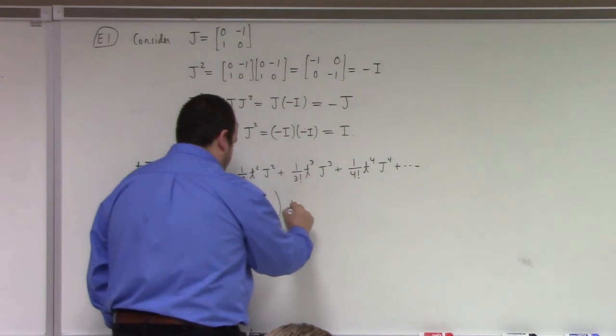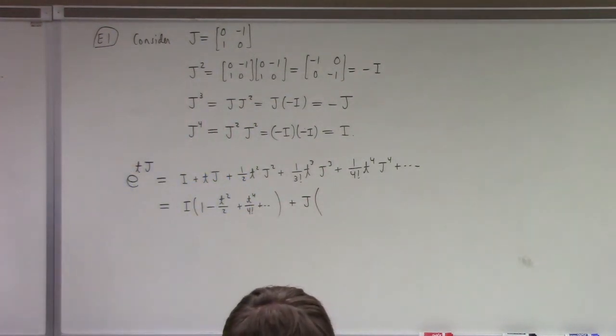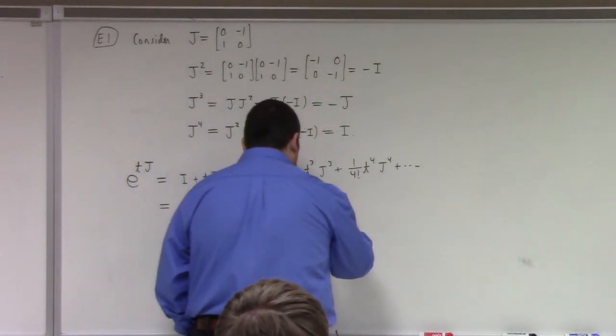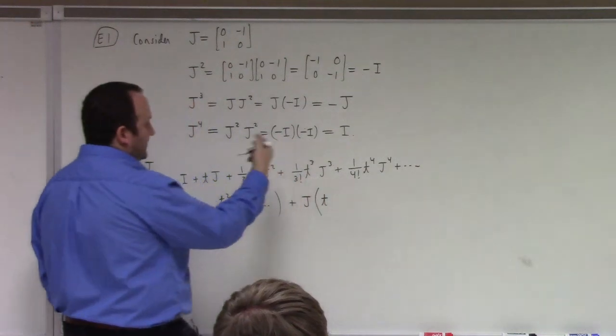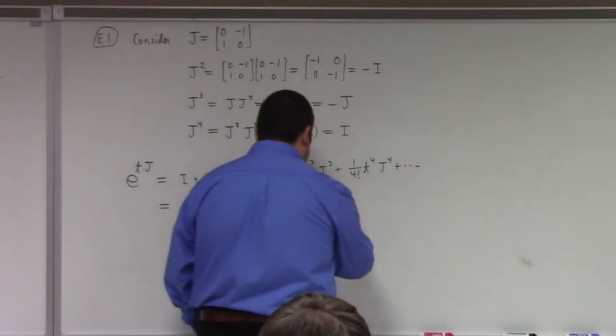And then I've got a J. What's with J? Well, I've got t. This J cubed, what was J cubed? Well, J cubed was minus J, so that gives me minus t cubed over 3 factorial.